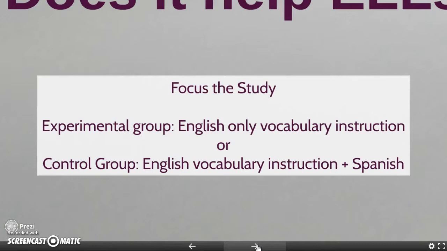If educators are concerned about the vocabulary development of English language learners in their class, quantitative research articles may highlight insights on the best practices to implement in their classroom.